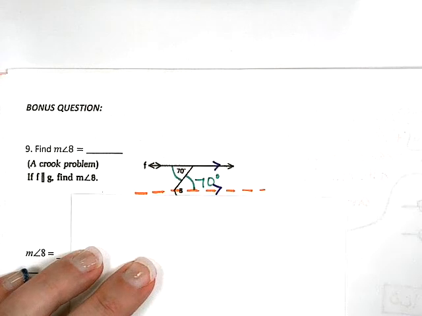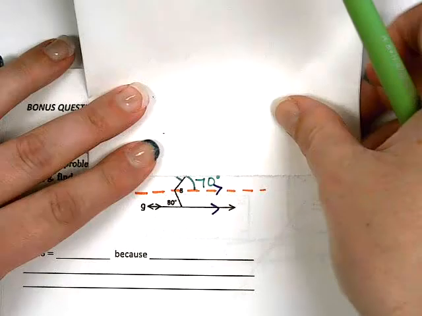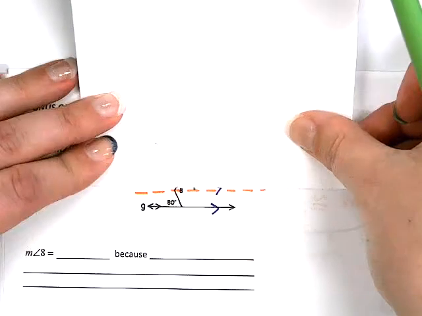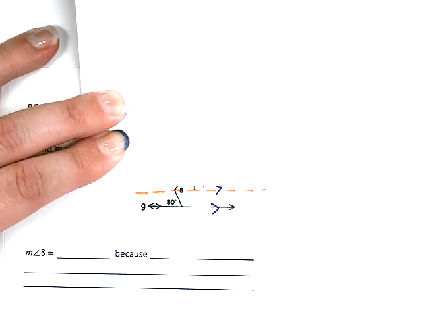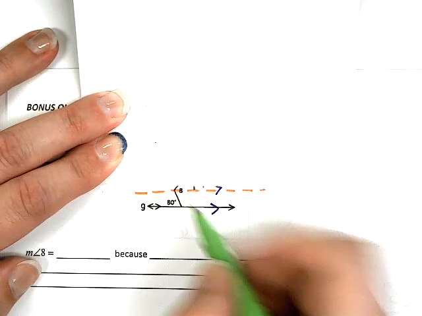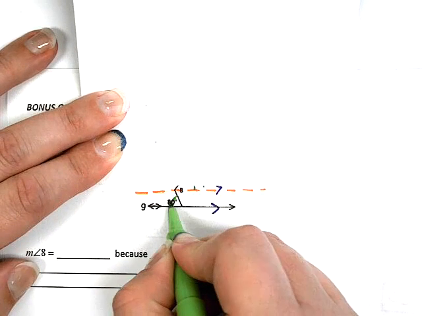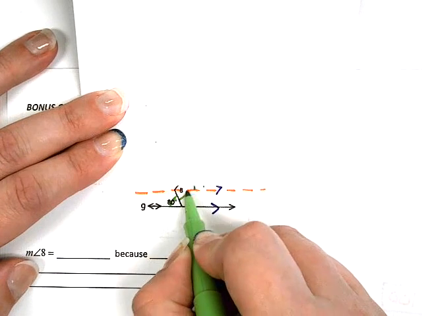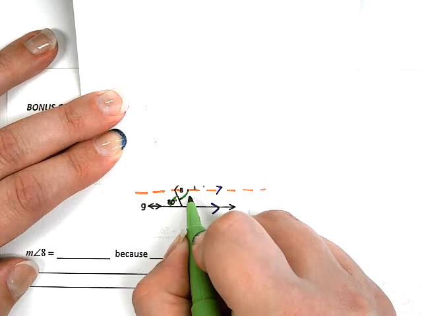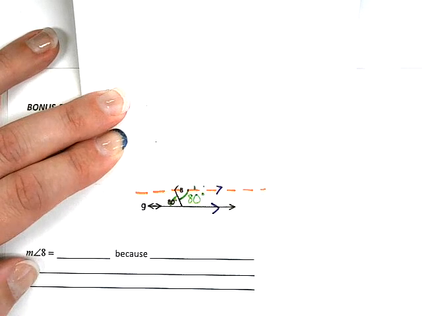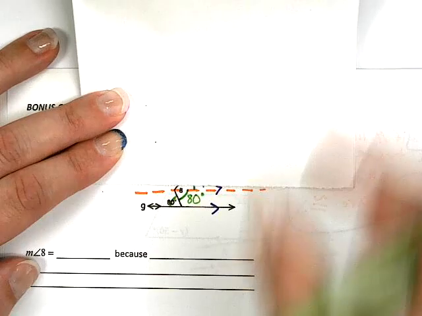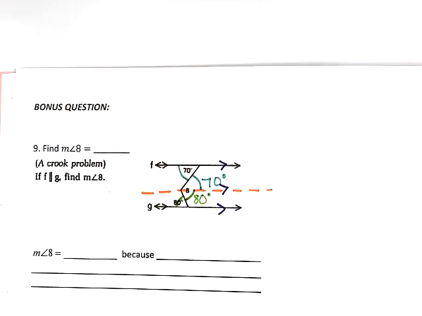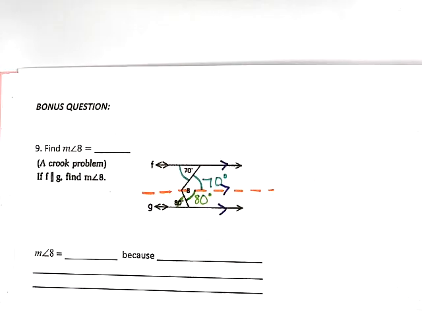Then I'm going to do something similar, but the other way. I'm going to cover up this portion. And look, I've just got two parallel lines, right? And I've got this angle right here, and it's 80 degrees. Well, this one right here is alternate interior with it also, which means it's also 80 degrees. Now when I look at the whole picture overall, where's angle 8? Angle 8 is what I was looking for.